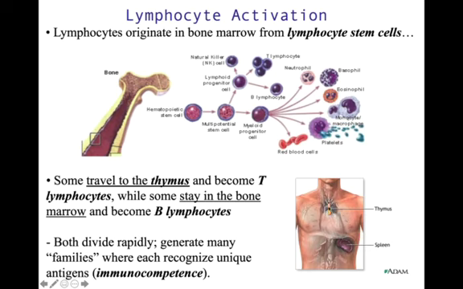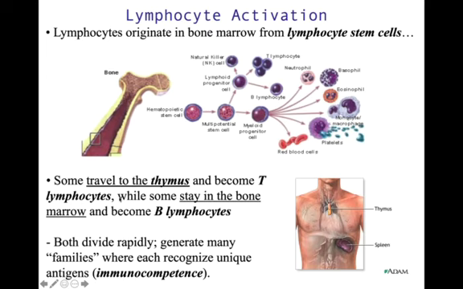Okay, kind of at the base, okay, in your chest, the base of your neck, right? So you go from the red bone marrow and you now enter the thymus. Well, now you're going to become what's called a T cell, a T lymphocyte. Okay? So again, if you're a lymphoid stem cell and you stay in the bone marrow, you can become a B cell. If you leave the bone marrow and you enter your thymus, well, then you become a T cell.